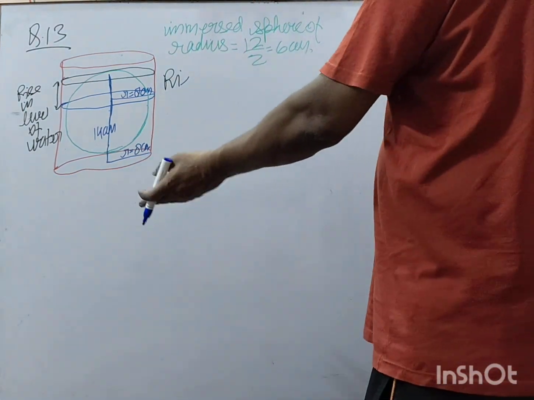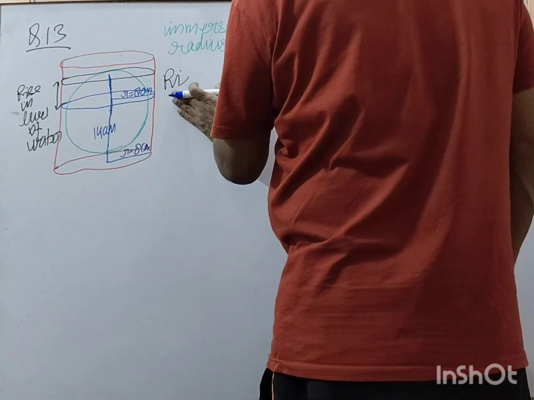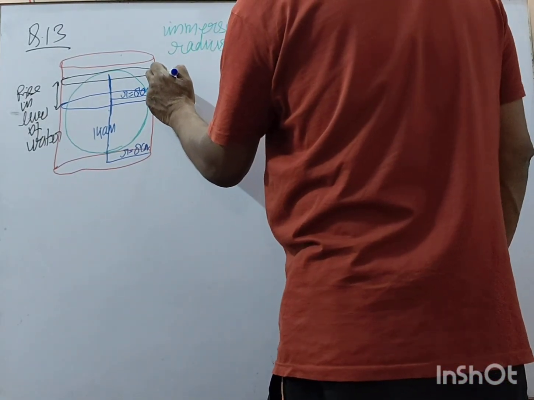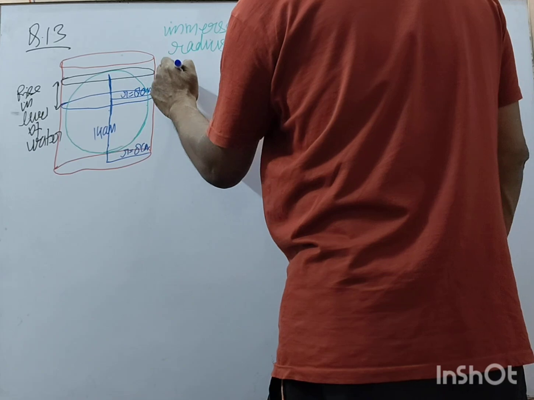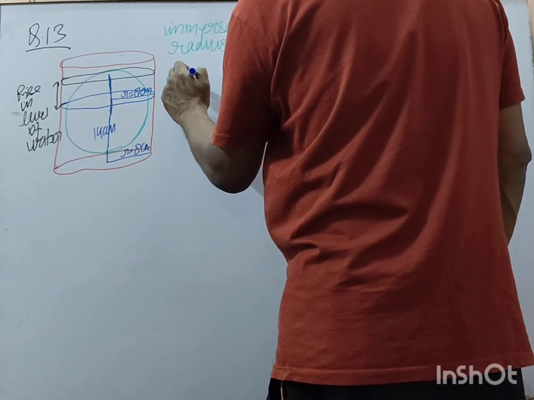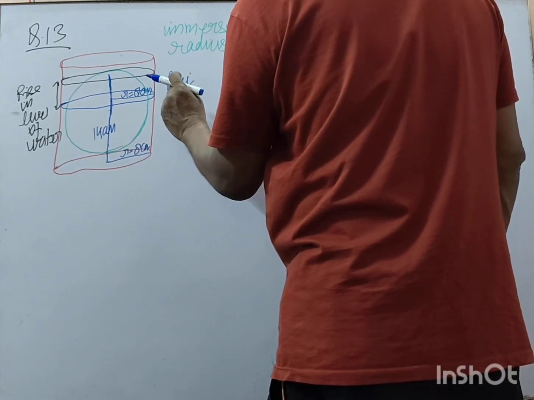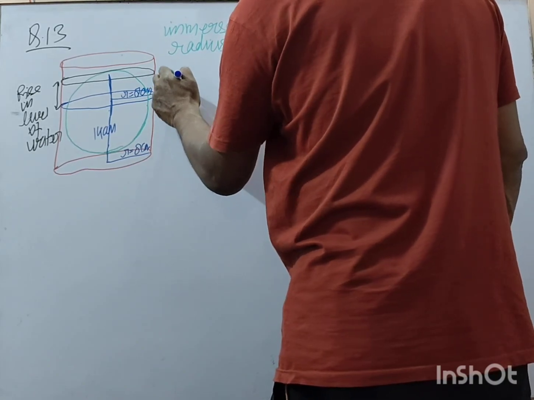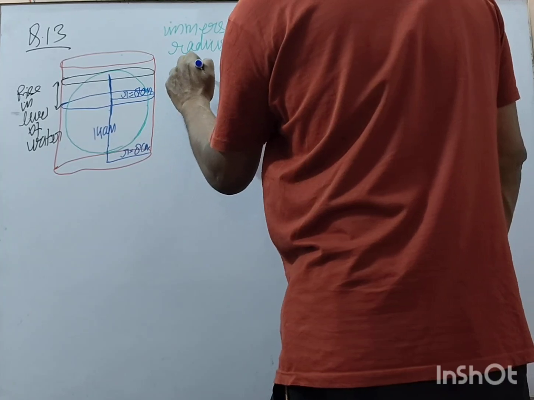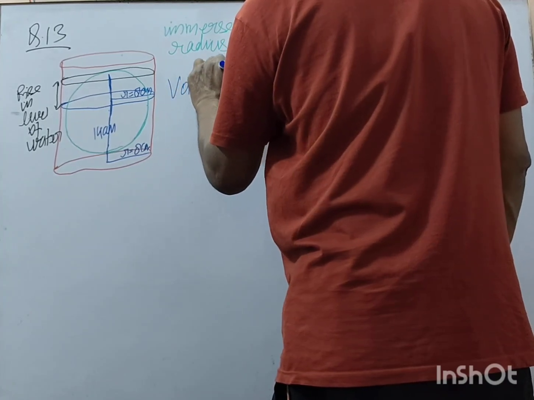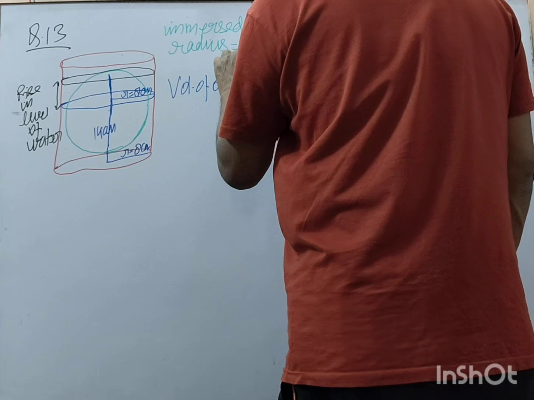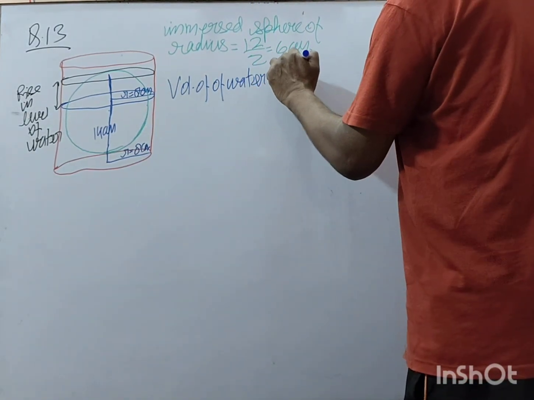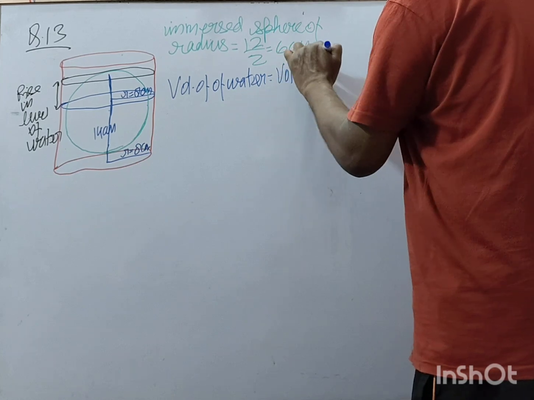So when it is removed, the raised volume of water is equal to the volume of the sphere.